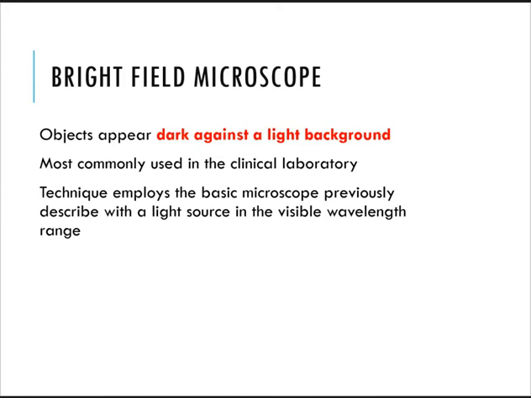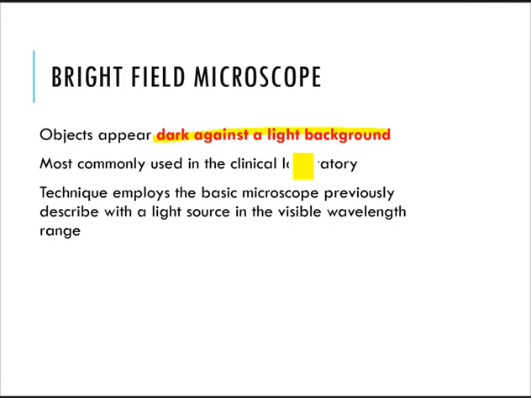Please take note, memorize it, write it down, or whatever you use. For your bright field microscope, it is dark against a light background. So your specimen, what you are seeing, is dark against a light background.